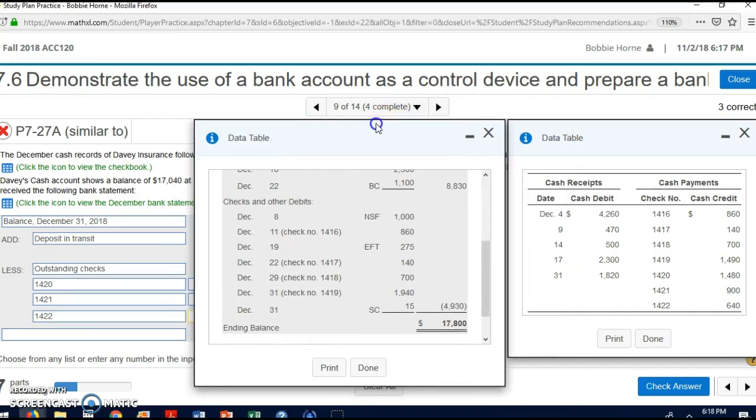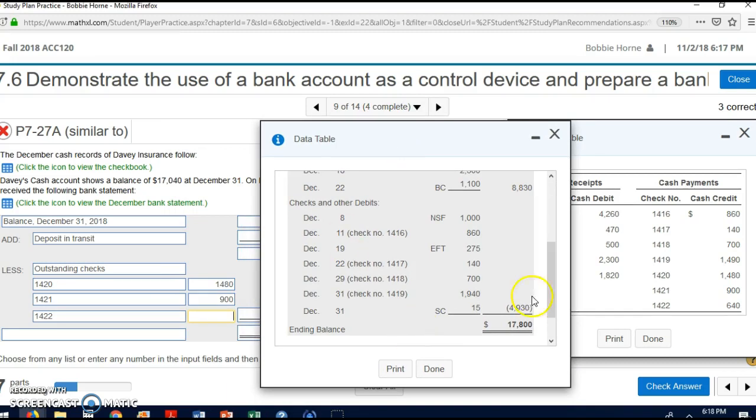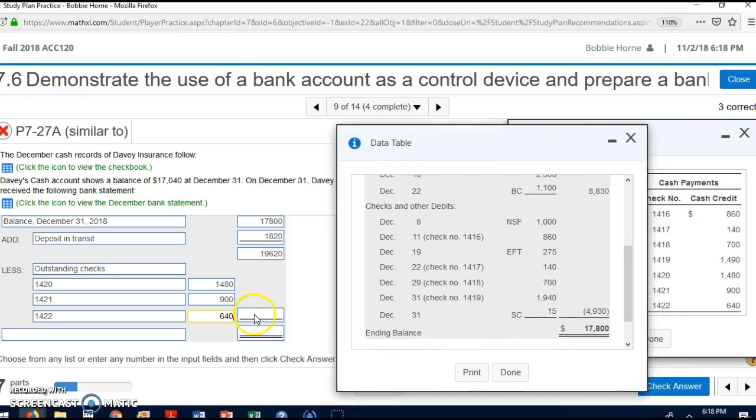Basically the cash journal is what it is. And then the last one would be 640. So we need to total those numbers up: 1,480 plus 900 plus 640 is 3,020.